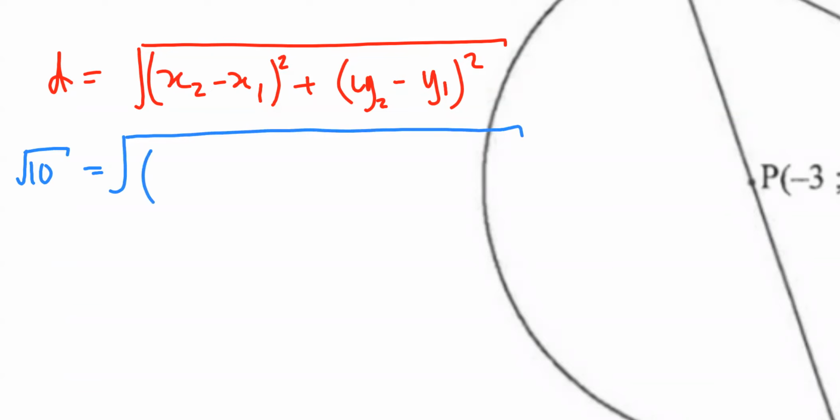So P's x value is -3, and then we minus the x value at point V, which was (k, 1). So the x value there is k, so we minus k, squared, plus the y value at point P, I think that was 4, so it's 4 minus 1, squared.